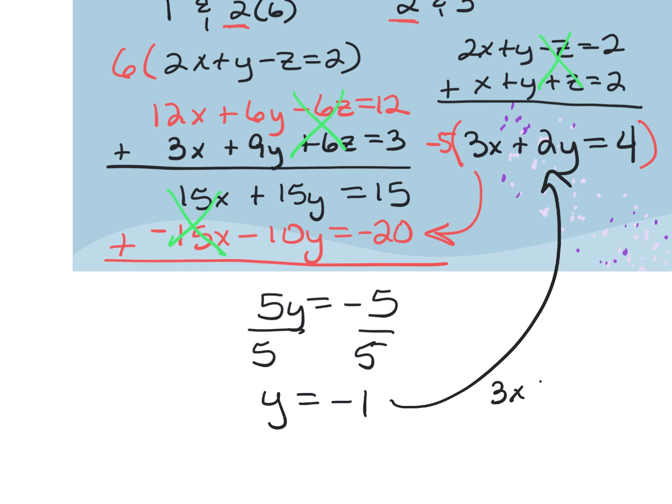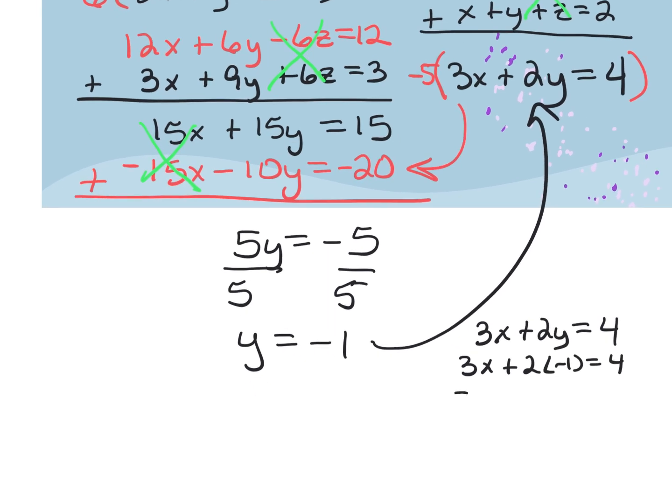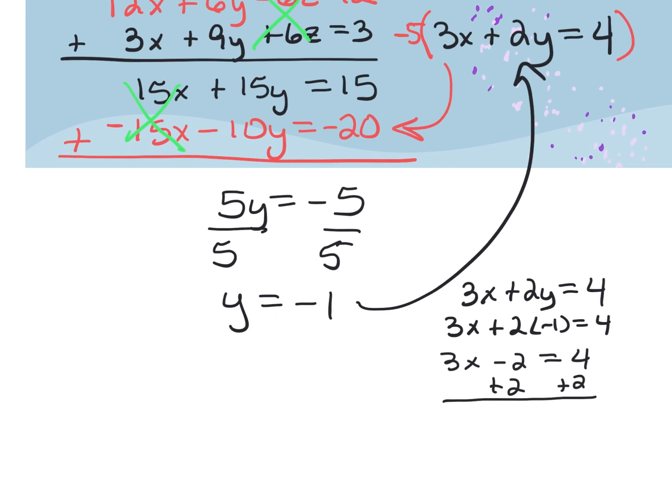So 3x plus 2y equals 4. I'm plugging in -1 for the y. 3x minus 2 equals 4. Add the 2. 3x equals 6. Divide by 3. X equals 2. I now have the second number for my ordered triple.